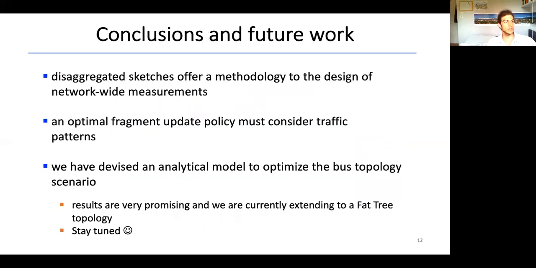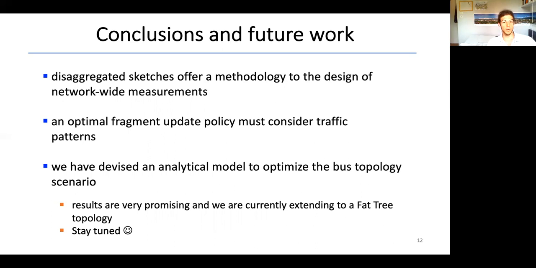So in order to conclude, we have seen that disaggregated sketches offer a new methodology to the design of network-wide measurements. However, a clever update policy that considers traffic patterns in the network is still lacking. Through numerical simulation and under a simplistic testbed scenario, we showed that there should be an optimal update policy capable of selecting a subset of fragments to update.